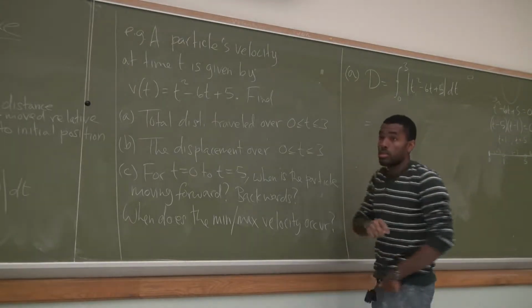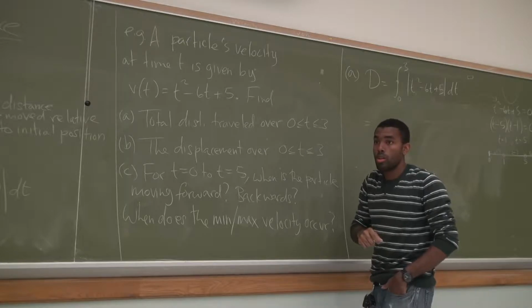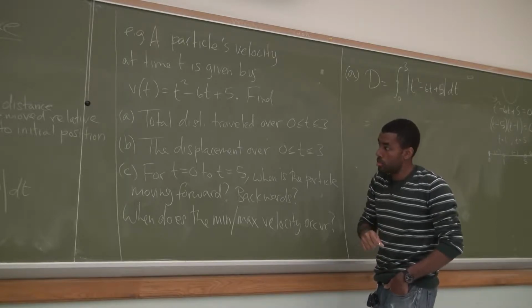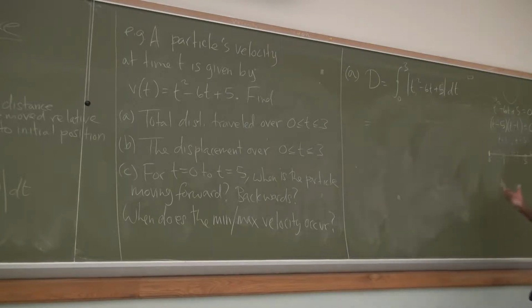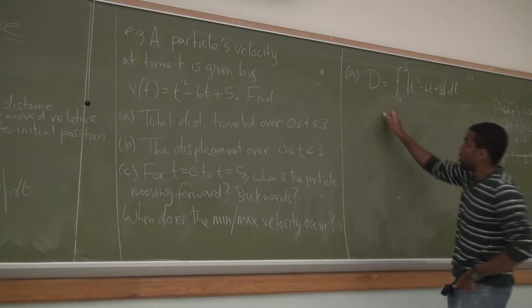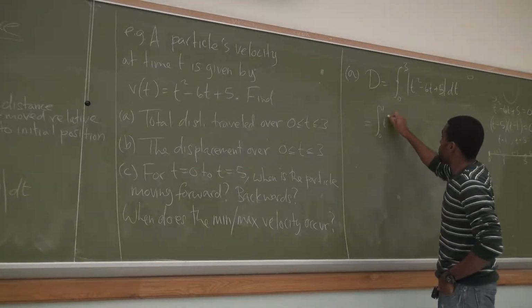Are we only doing that because it's absolute value though? Yes, only because it's absolute value. Right? So technically here you would have negative distance traveled because it's distance going backwards. So you don't want that, so what we have to do is take this part out and make that negative. So from 0 to 1, it's okay to keep the original function.